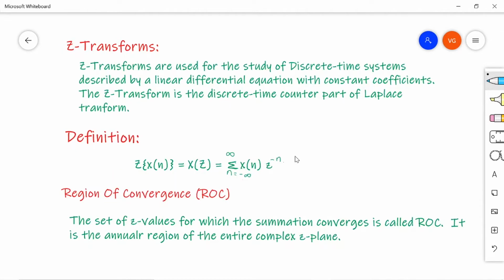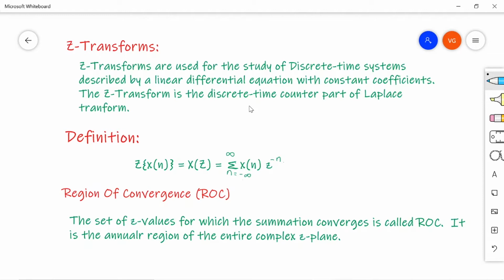Coming to Z-transforms. Z-transforms are used for the study of discrete time systems that are described by a linear difference equation with constant coefficients. So this Z-transform is the discrete counterpart of the Laplace transform.